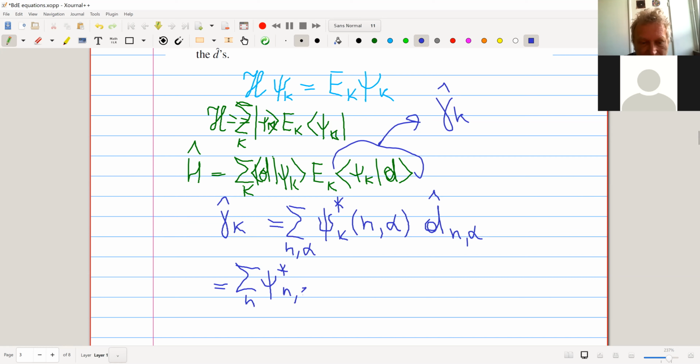Instead of alpha, I just put electron. And I will have annihilation operators for electrons.